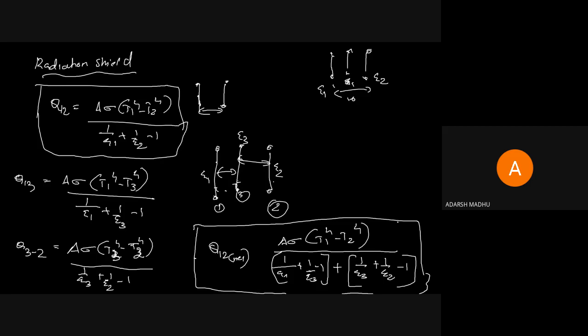Okay, this is the Q1 to 2 net if a radiation shield is placed between them.